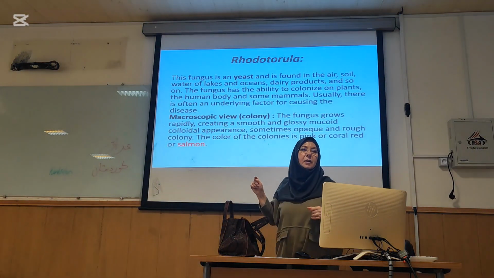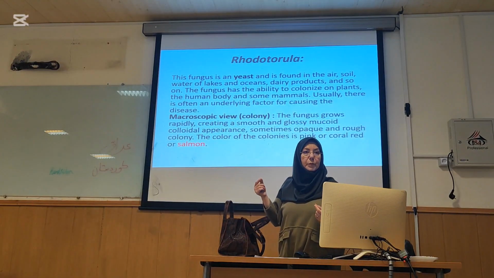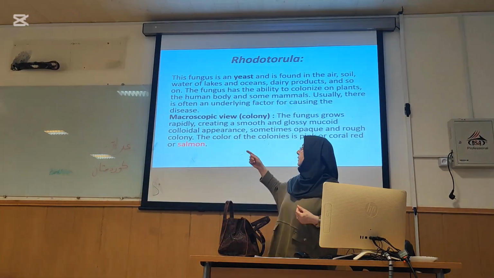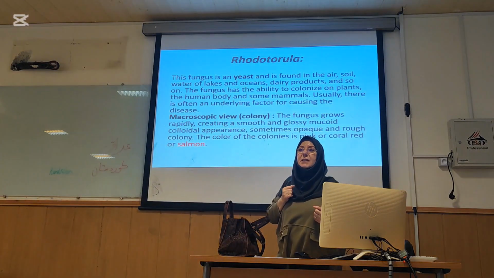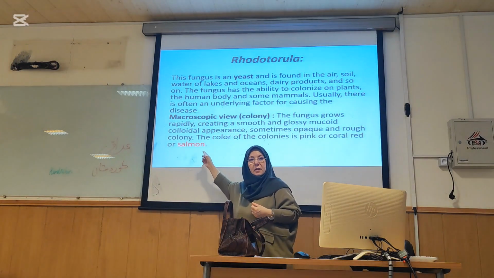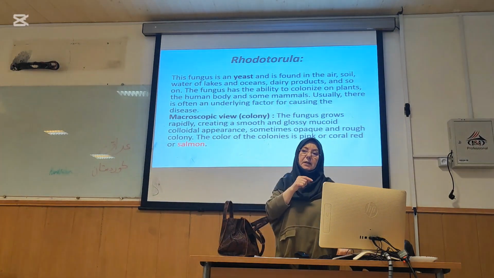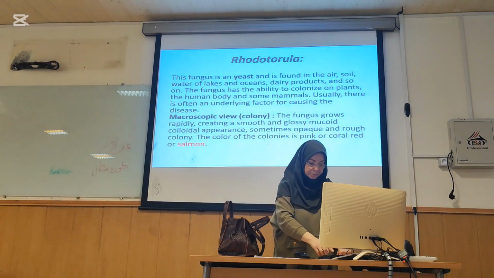It is named Rhodotorula, especially Rhodotorula rubra. Rubra means red, and because the color of this fungus is pinky orange, that is named salmon color, it is taken from Rhodotorula rubra.